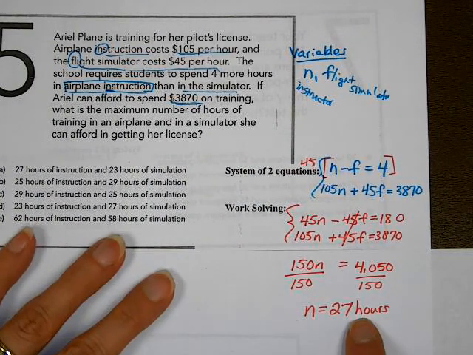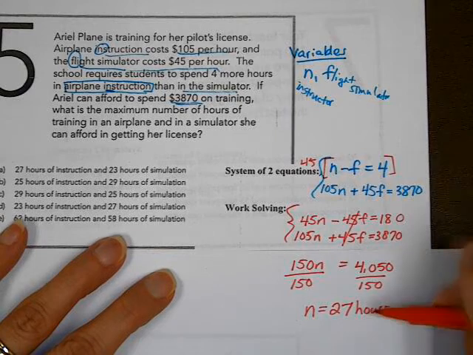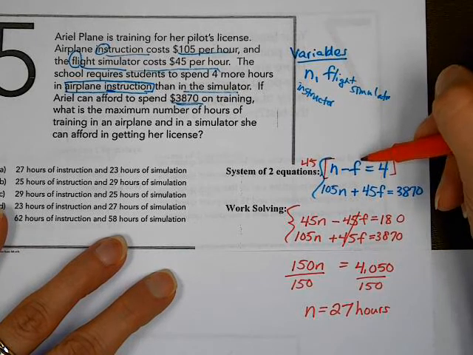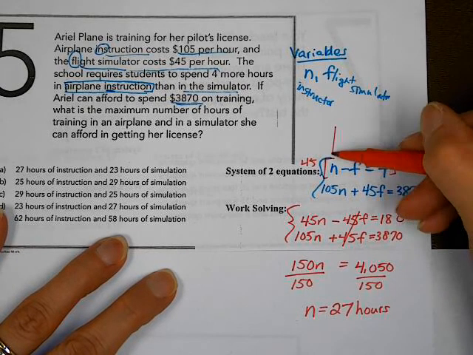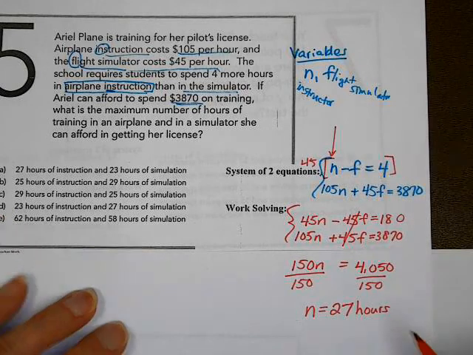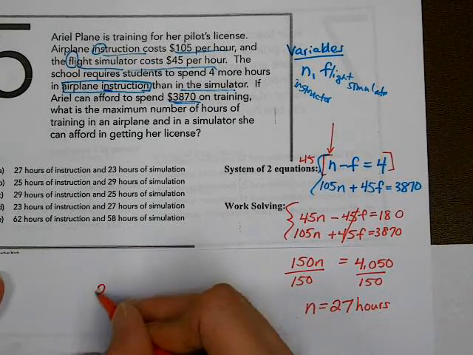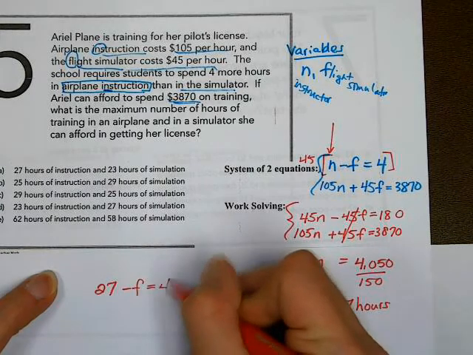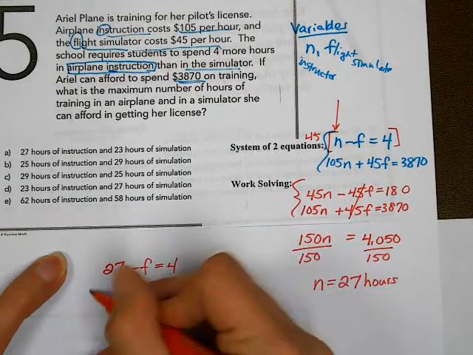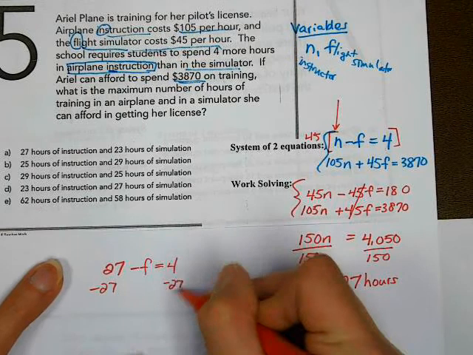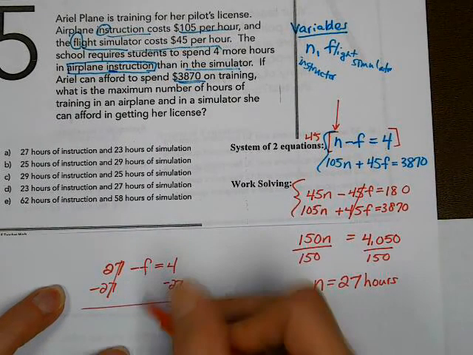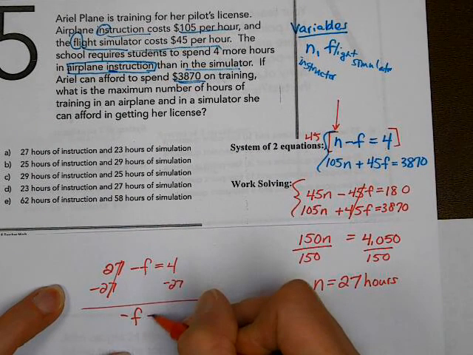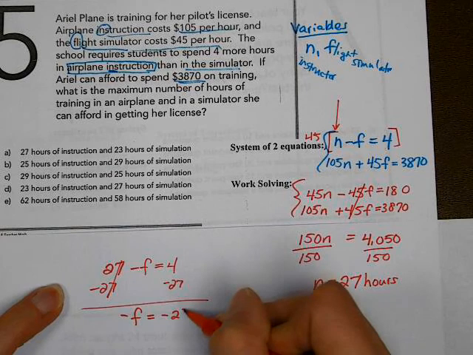Now we have to figure out how much is f, or how many hours we can spend in the flight simulator. So I'm going to substitute 27 into that n spot. 27 minus f equals 4. If we subtract 27 from both sides, be careful here, that's negative f is equal to negative 23.